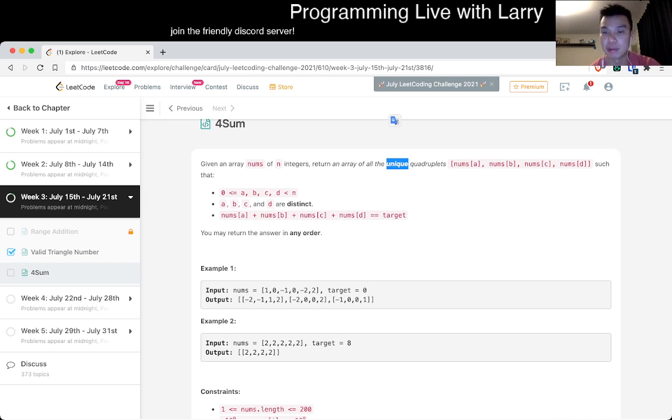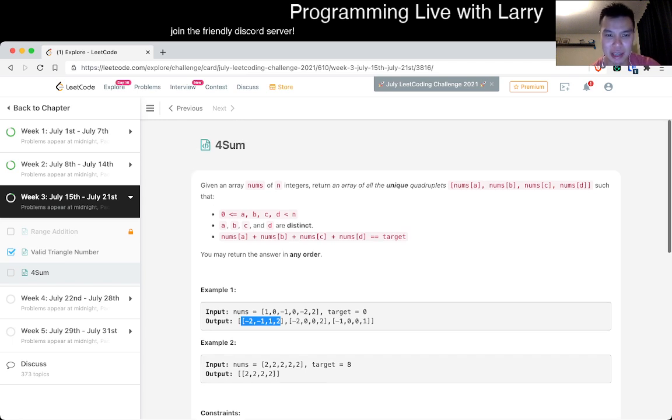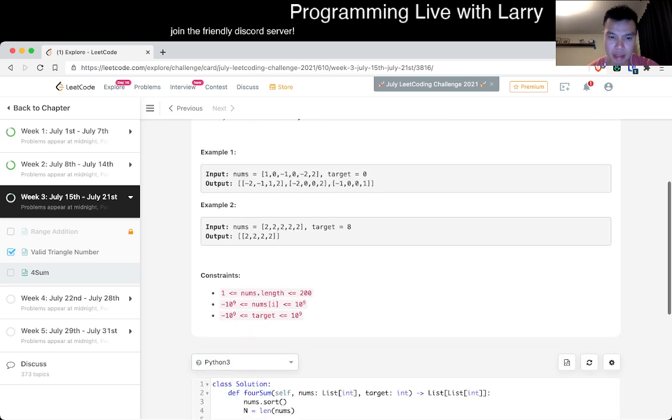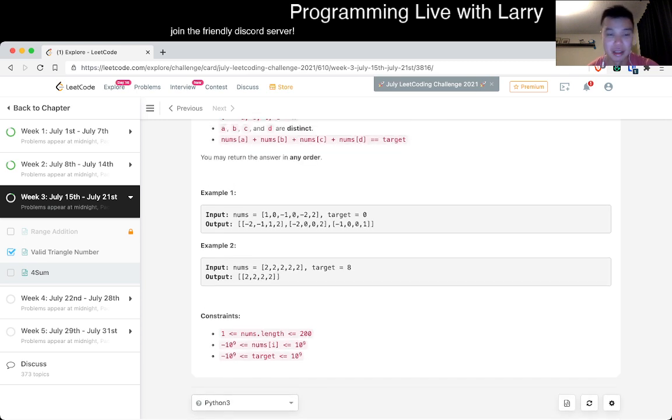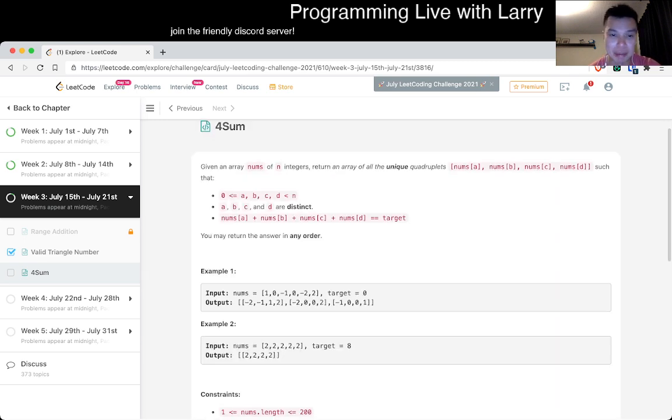Is it unique with respect to indexes? Is it unique with respect to the numbers? In this case, for example, you can sort it the other direction and it'll be fine. And it actually doesn't tell you specifically that num sub a is less than num sub b and so forth, even though that is the way they phrase it. That is a little bit weird though, so we're going to have to make some educated guess.